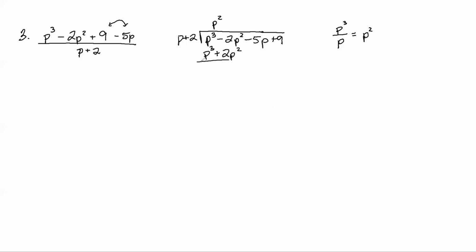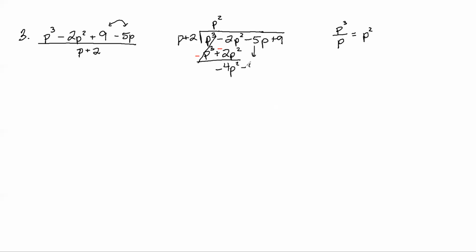Careful with your signs. And now I'll change the sign, so it becomes a minus and a negative there. First terms cancel. Negative 2p squared, negative 2p squared. If we add those, we get negative 4p squared. Don't cancel them unless they're opposite signs.